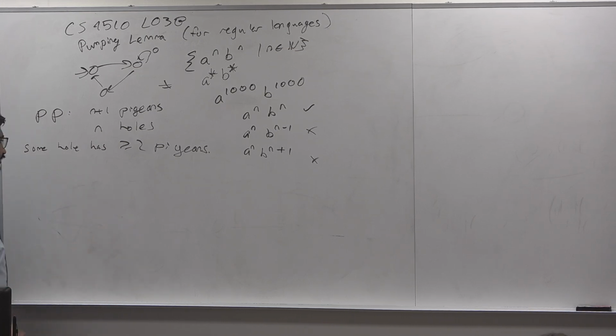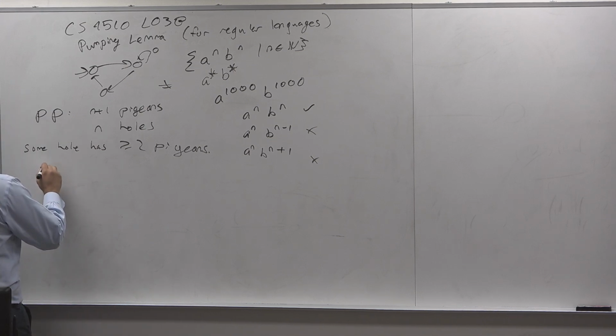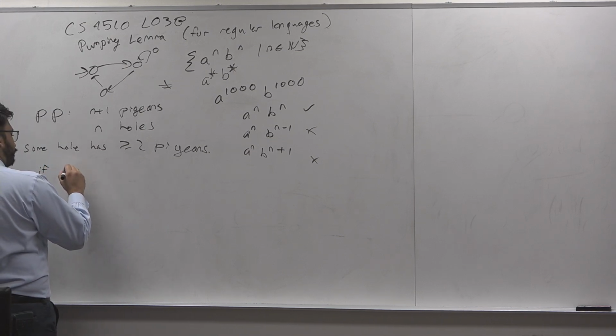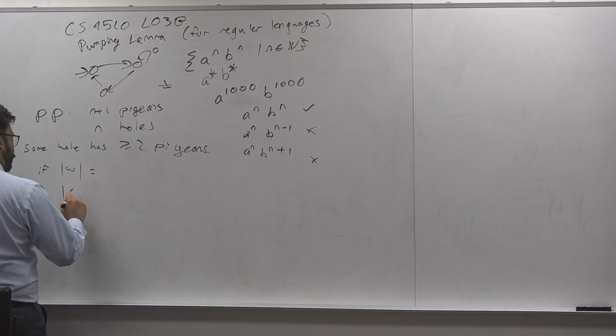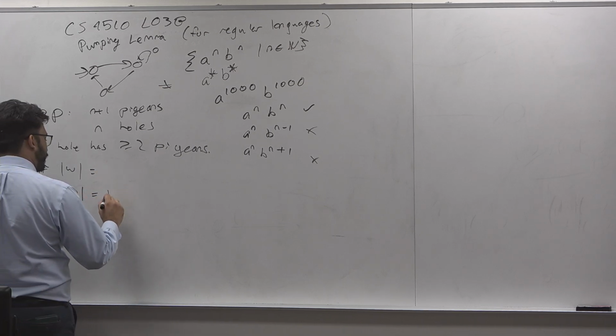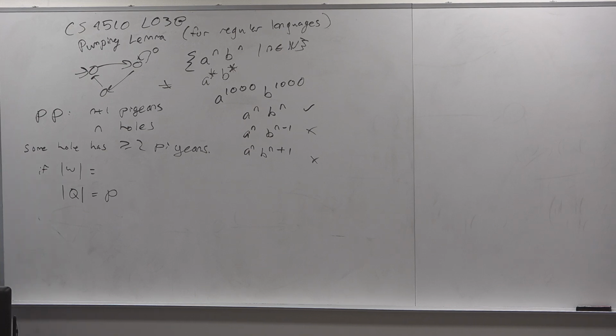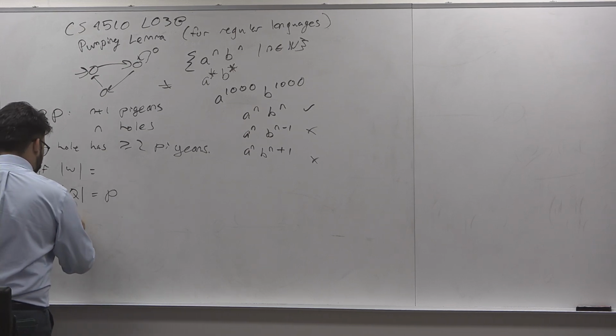So if W has a certain length, we'll say in a second, and the number of states is equal to, let's say, P, how long should W be to ensure that a state is repeated in the computation?